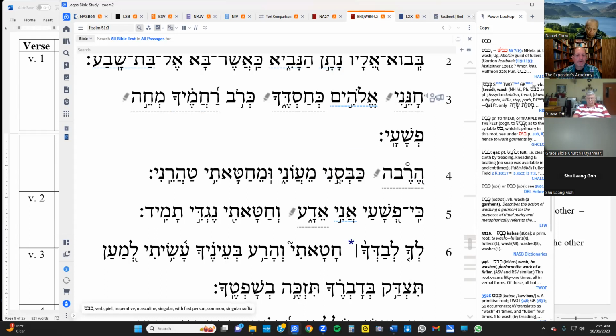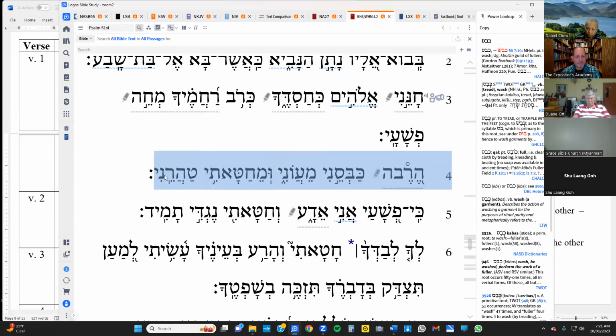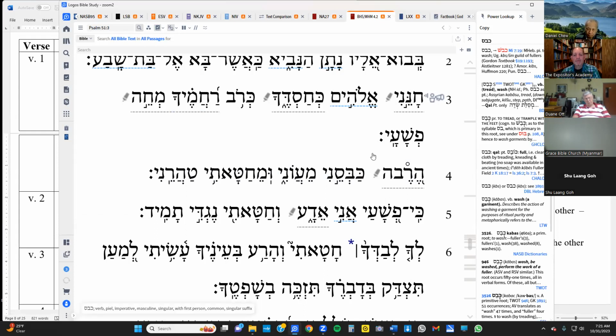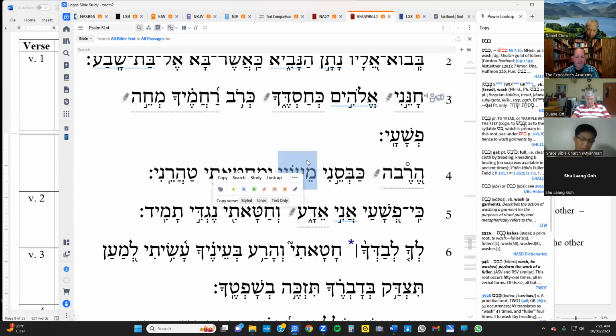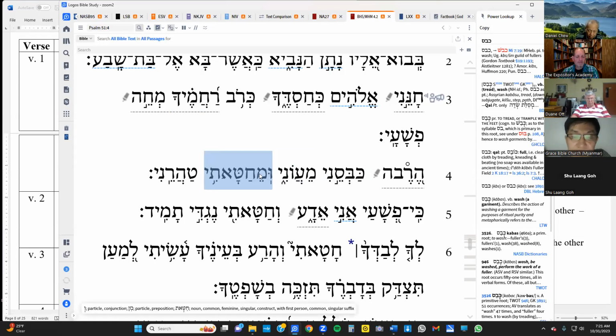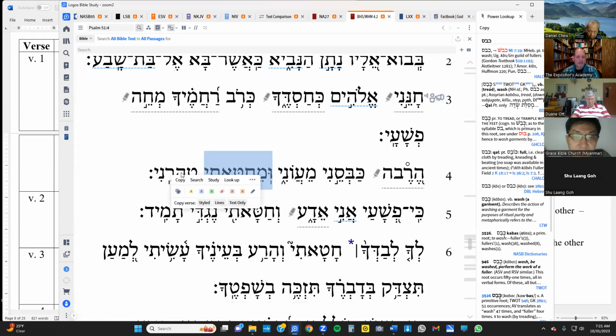So here, this is verse 4, which is verse 2 in our English translation. But he basically says, this is the idea of wash me thoroughly, and then it's from my iniquity. That word I highlighted there, it's from my iniquity. So thoroughly wash me from my iniquity. And then notice here, it's from my sin, cleanse me.